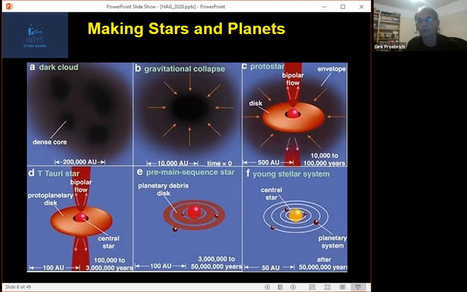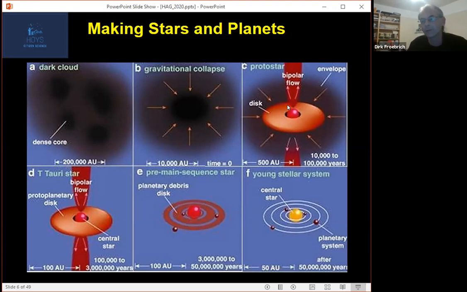We know it has to do with magnetic fields and the rotation that happen at the same time. What we are interested in is these disks. So over time, basically, that reservoir of collapsing material is either accreted through the disk onto the central star, or it might get pushed away by the jets that come out because they plow through the surrounding material.